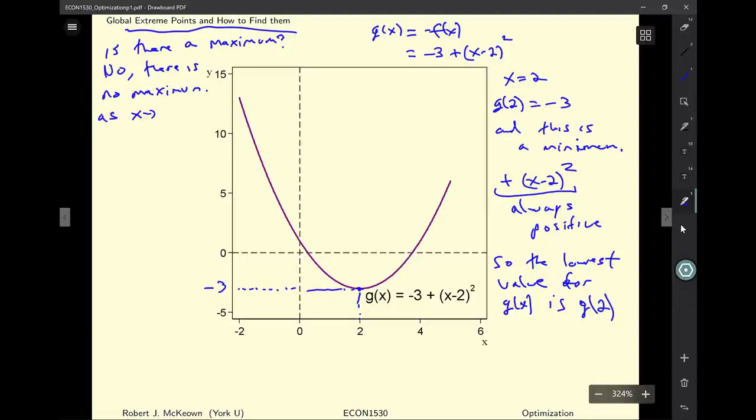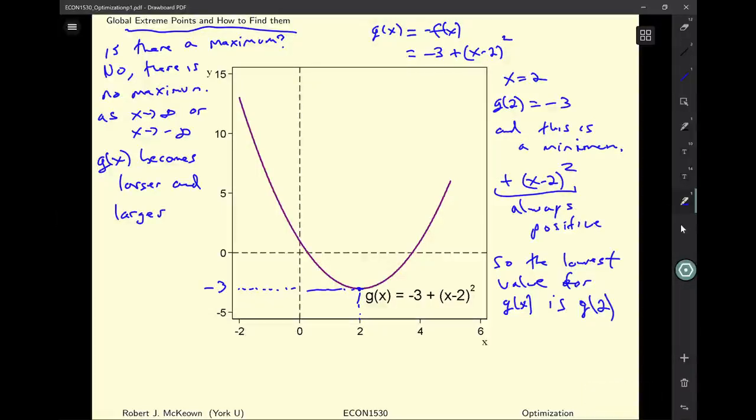As x approaches infinity or x approaches negative infinity, g of x becomes larger and larger. So it doesn't approach a single value, a real number. It just keeps getting bigger and bigger and bigger. And so we say there is no maximum. It just keeps growing indefinitely.